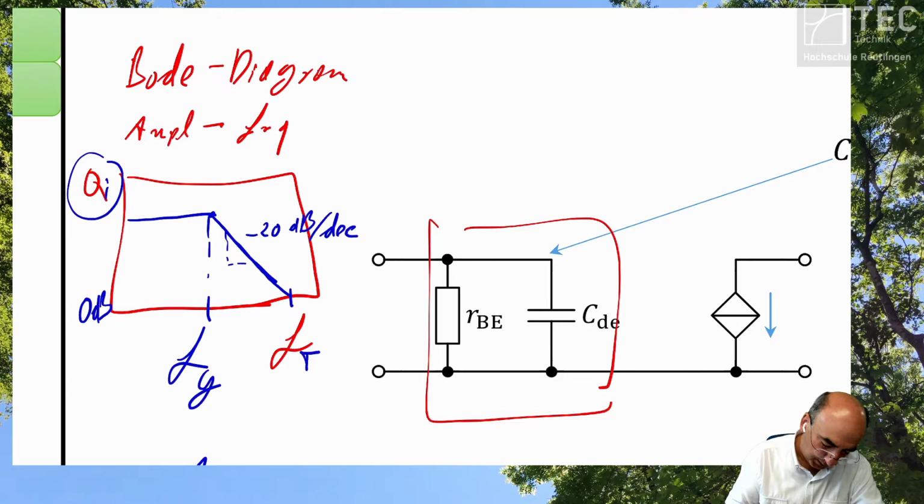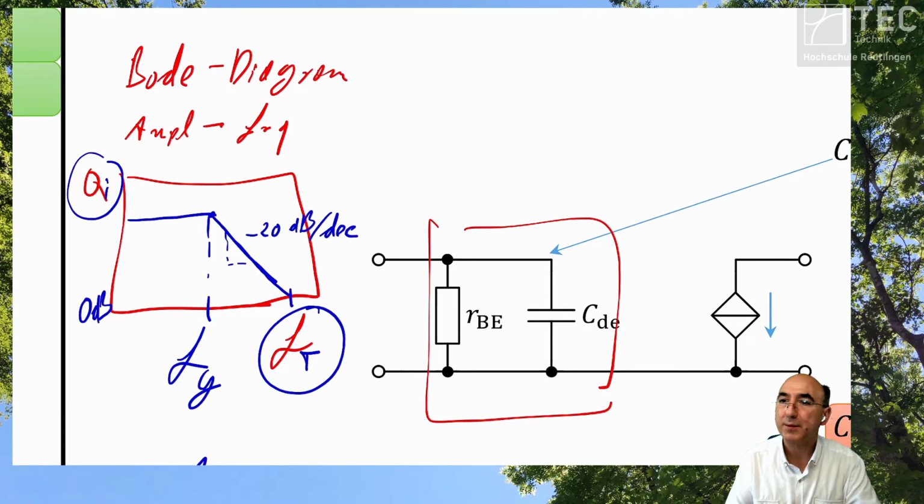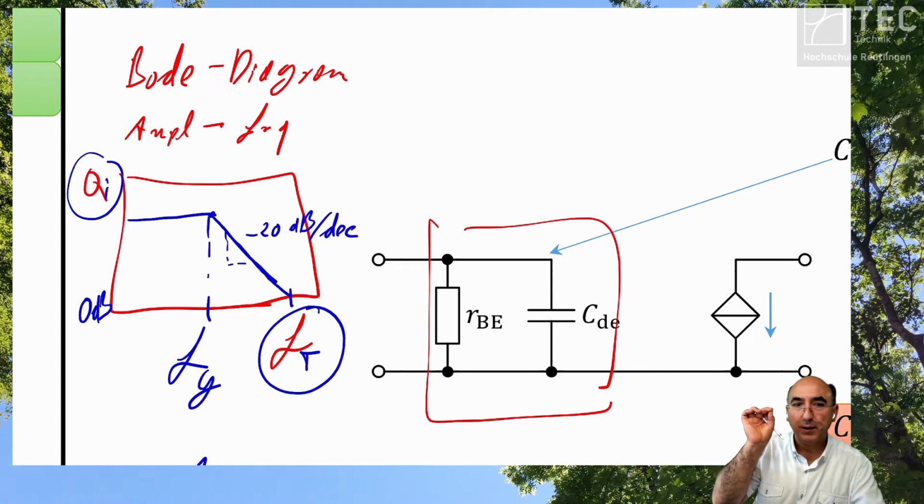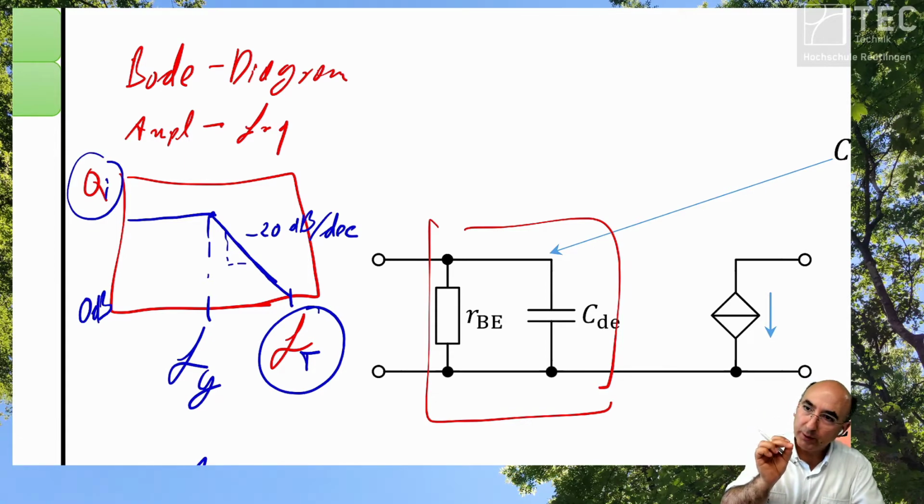The definition of the transit frequency for a bipolar transistor is the frequency at which the current you are putting in as a signal is equal, so the gain is 1.